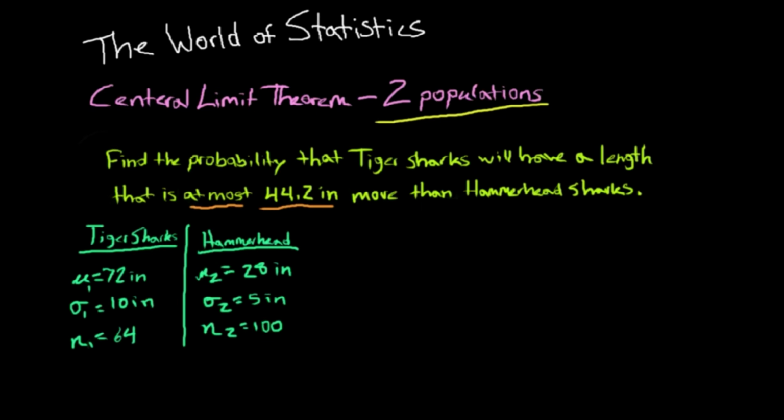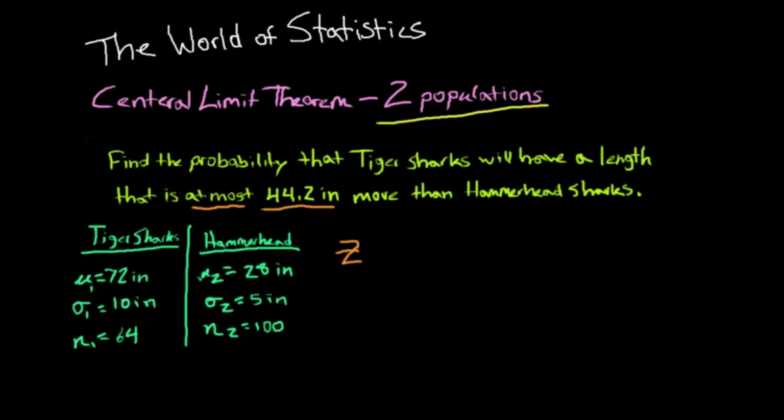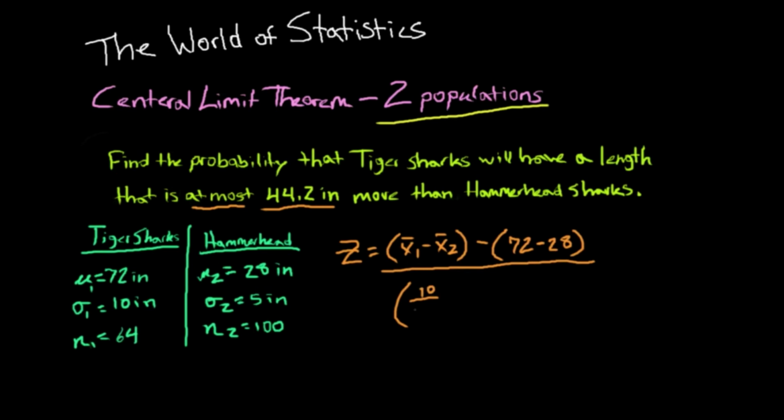So let's use our z formula to calculate this probability. So we're going to have z equals x1 bar minus x2 bar, and then we're given the populations. So it's going to be minus 72 minus 28, and we're going to divide by the difference between 10 over the square root of 64 minus 5 over the square root of 100.